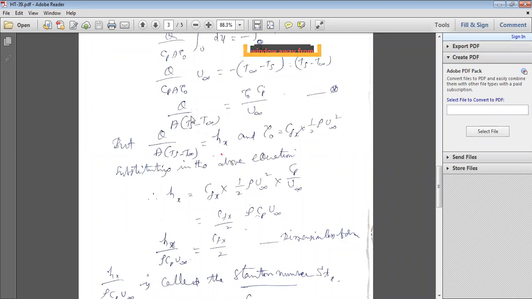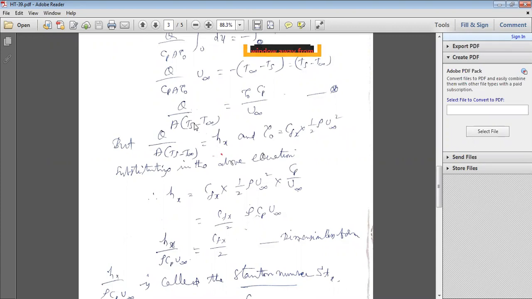From that, what about this value, Q by area into Ts minus T free stream? It is equal to hx, the local convective heat transfer coefficient. But how do you calculate tau naught? Cfx, already given in the earlier classes. Tau naught is equal to Cfx into half rho u free stream square.